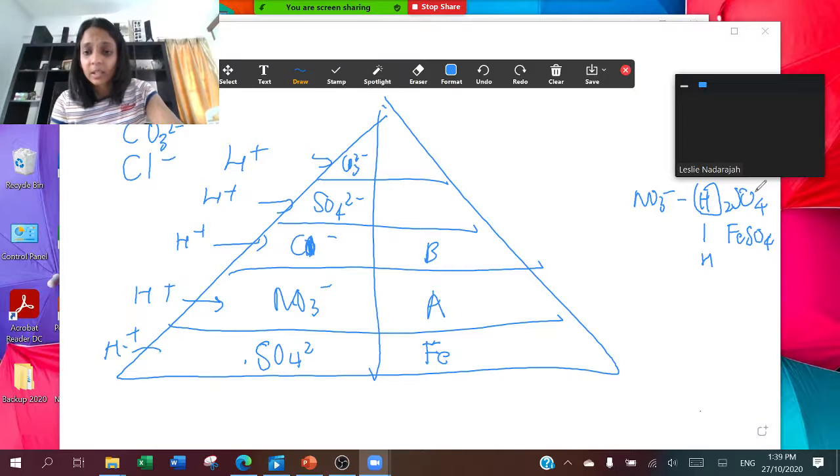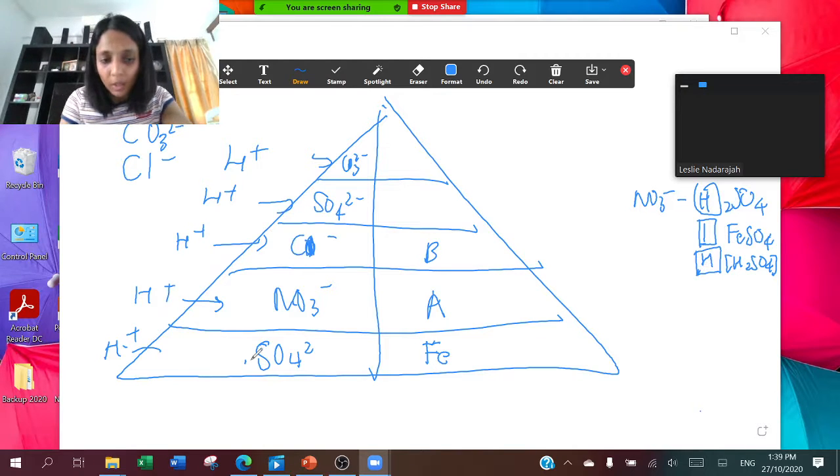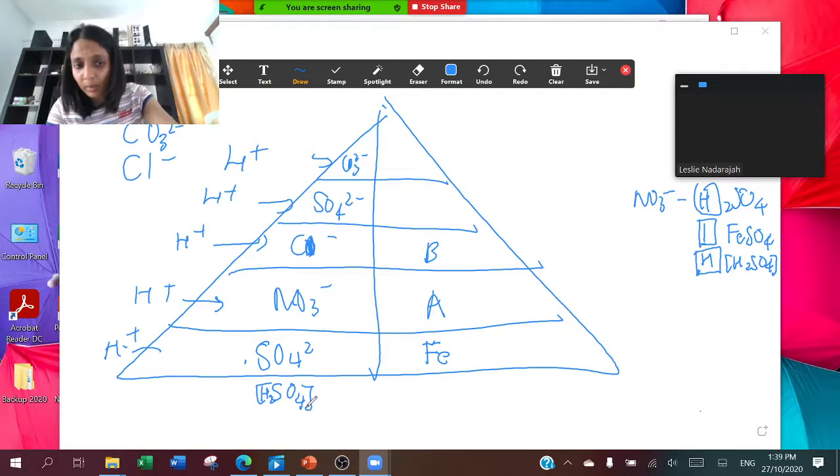And then the next one is concentrated H2SO4. So for nitrate, you must remember He. Here you need a concentrated sulfuric acid.